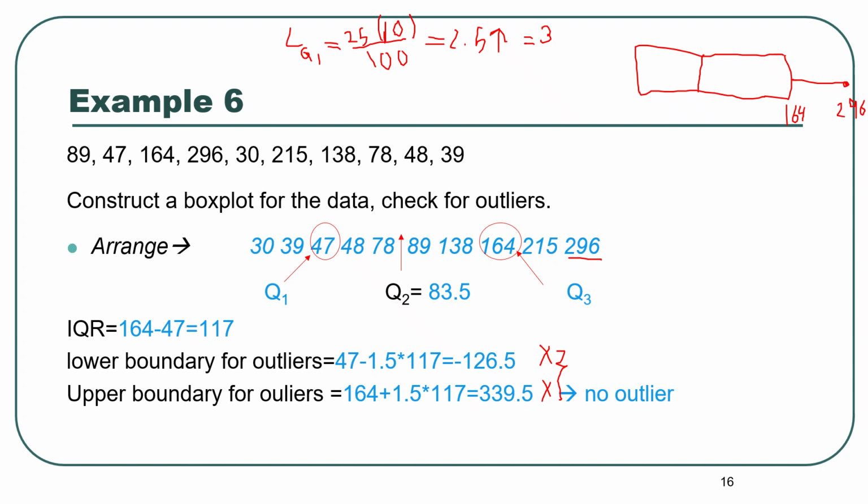Of course, when you graph it on your paper, it should be not a sketch like that, but a nicely chosen scale. And this is 47, and here I would extend my whisker till my smallest value. So we don't have a modified box plot. This is a usual box plot, and we don't have any outliers.